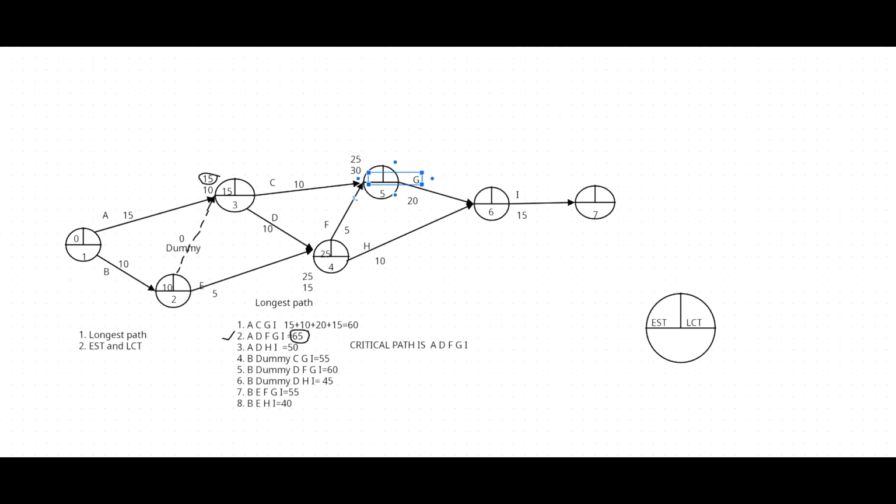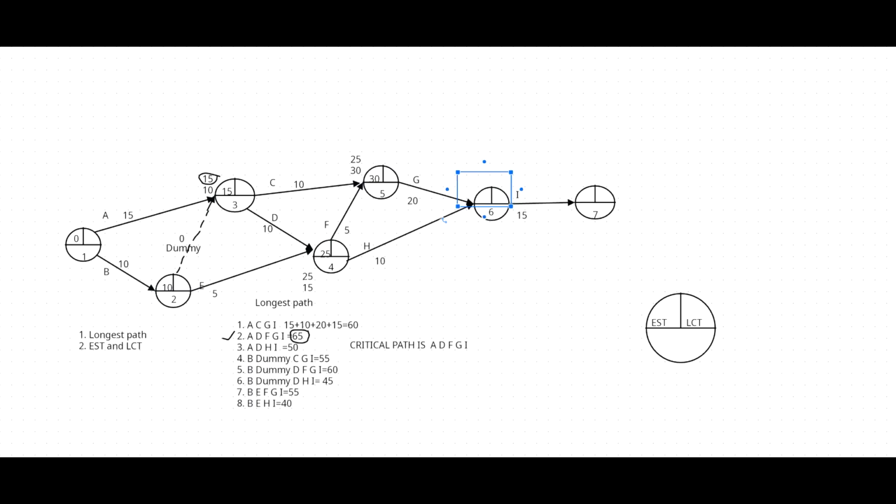Then if you are going to the sixth event, 30 plus 20 via G, 50. Then via H, the value is 25 plus 10, 35.